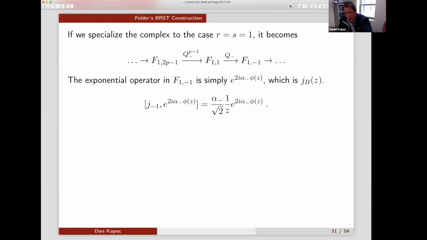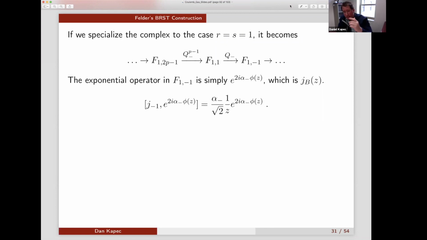Now, since there's not supposed to be any cohomology in that Fock space, it had better be the case that some state in the identity Fock space gets mapped into that exponential operator under the action of this BRST charge. And in this case, it's just a single integral of the BRST current, and it's not hard to see that it's just going to be the U1 current that had that funny property once we turned on the background charge.